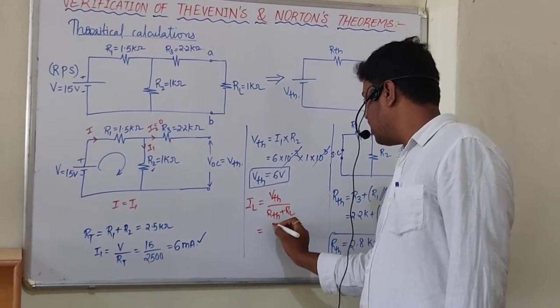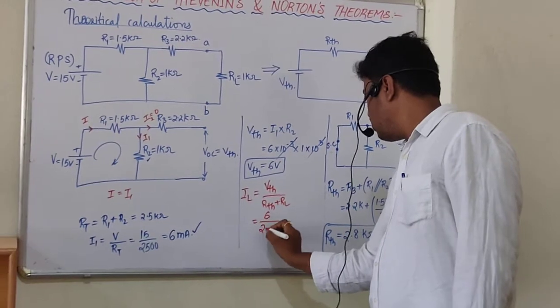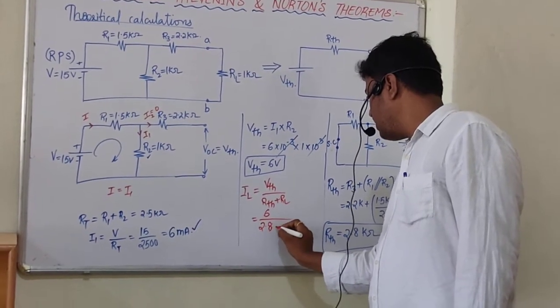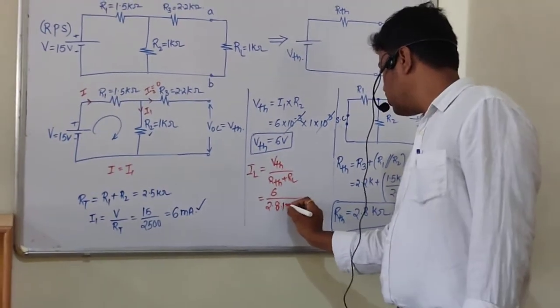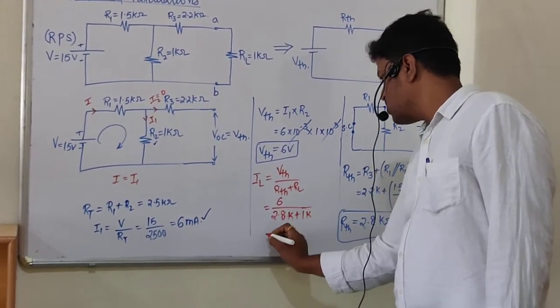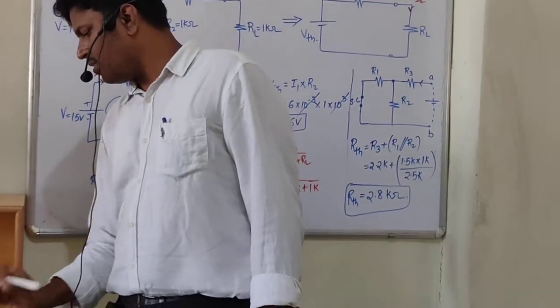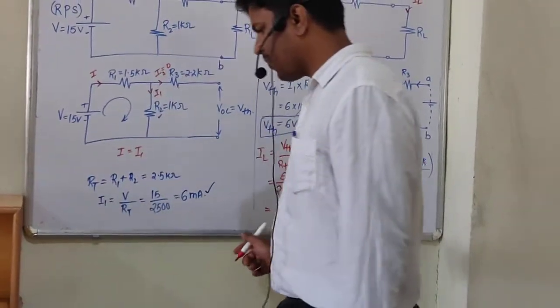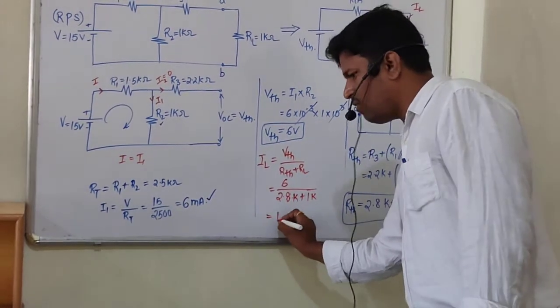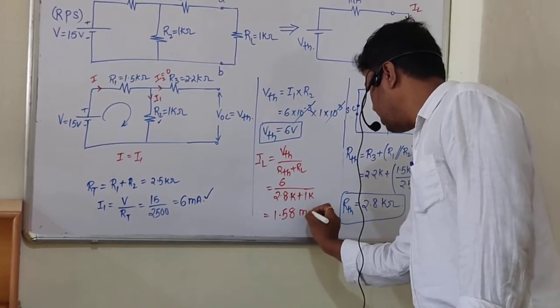So VTH we got 6 volts, RTH we got 2.8k plus 1k. So IL will get around 1.6 or 1.58 milliamperes.